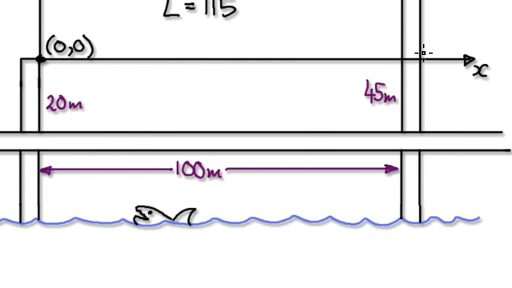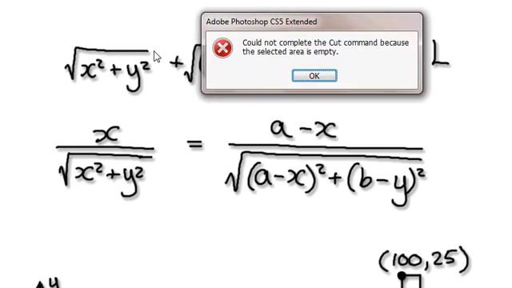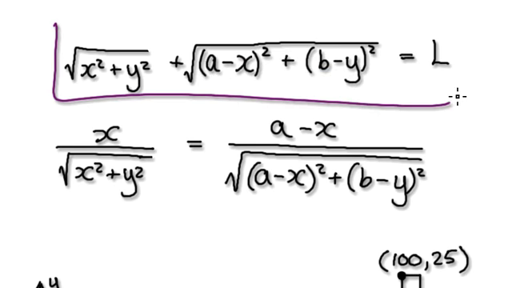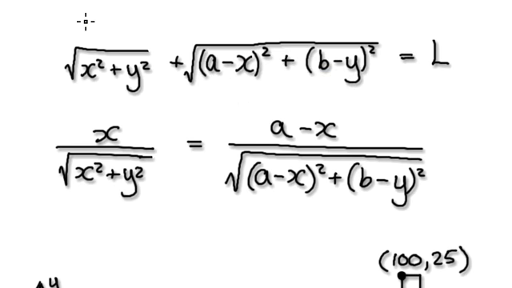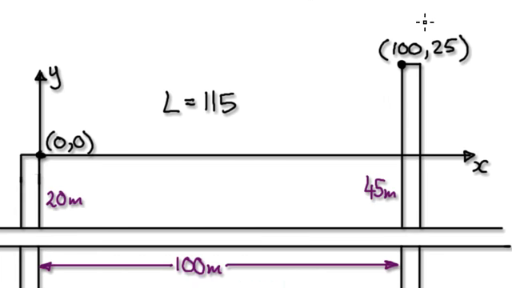Okay, so what that means is, if you look at the formula here, you want to sketch this thing here. Put 115 into here, and then, don't forget, A here in our case will be 100.